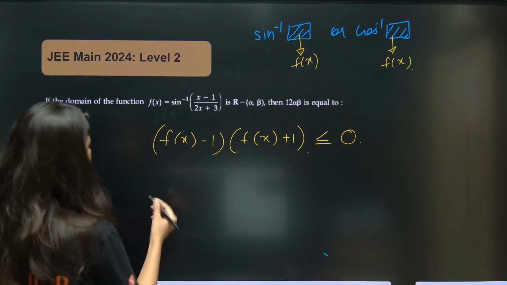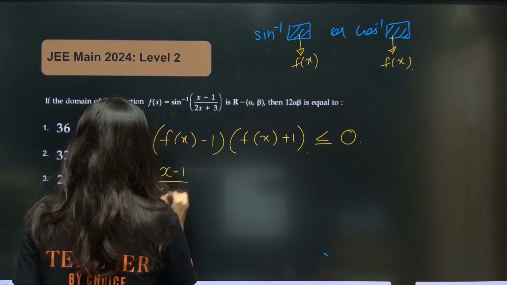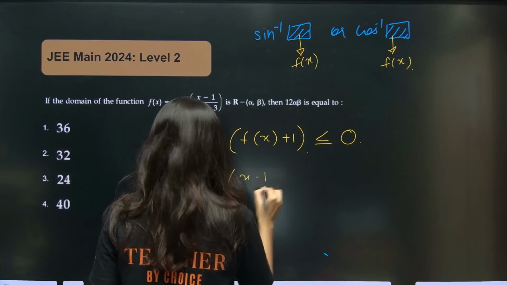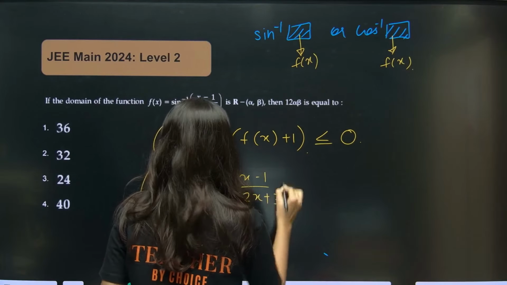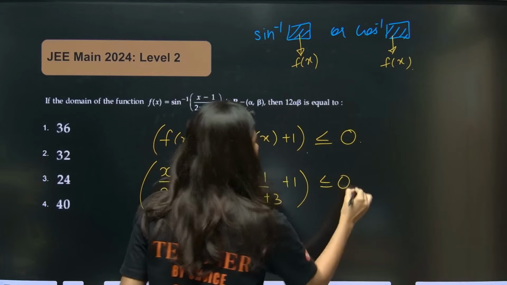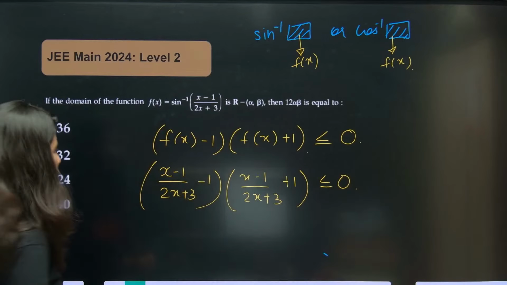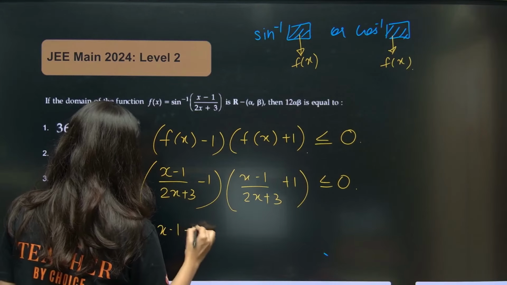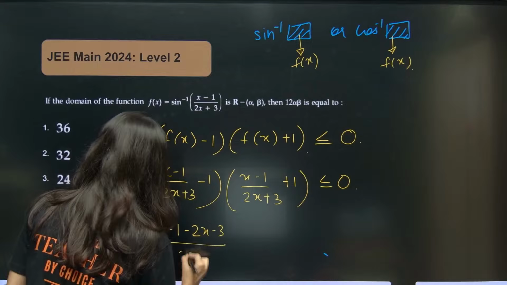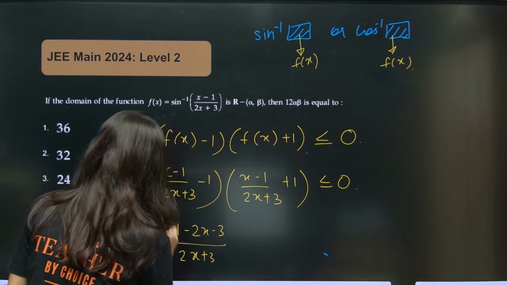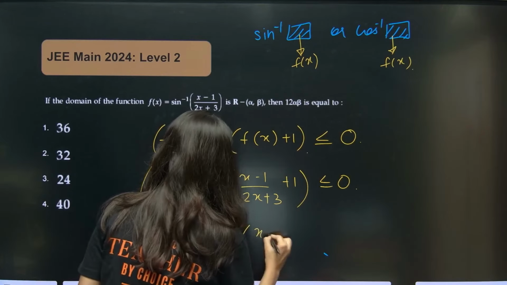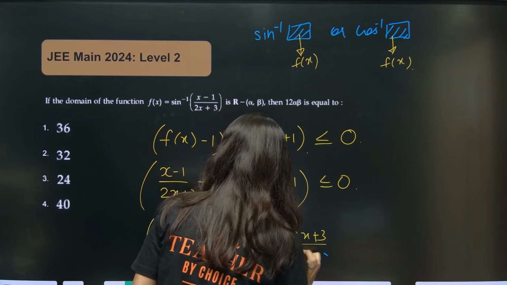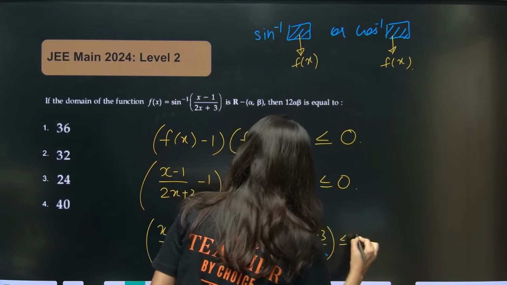Okay. So for that, (x minus 1 upon 2x plus 3 minus 1) times (x minus 1 upon 2x plus 3 plus 1) less than or equals to 0. Okay, so it is going to give you what? (x minus 1 minus 2x minus 3) upon (2x plus 3) and (x minus 1 plus 2x plus 3) upon (2x plus 3) less than or equals to 0.